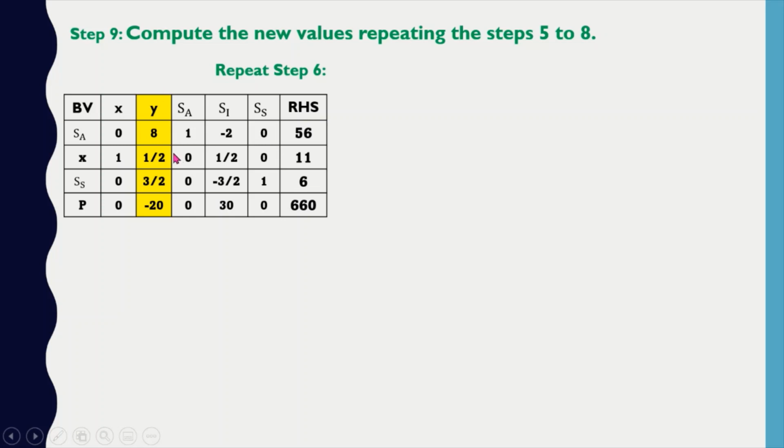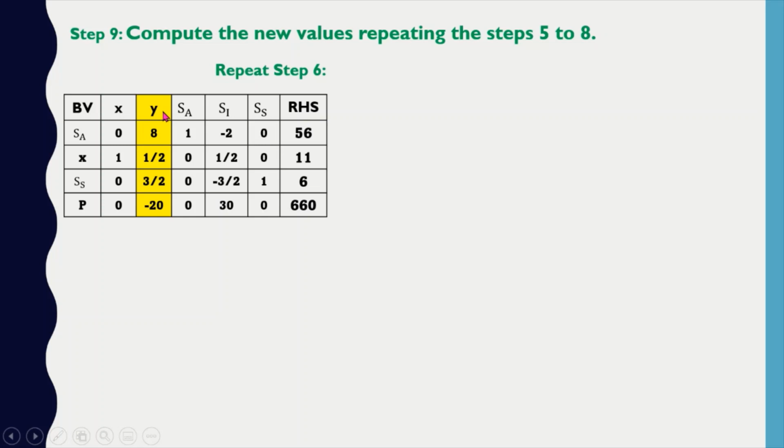In step 6, we're going to repeat finding our pivot column. Since column y right here is already 0 and we don't have any negative value right here, which is only 20, we cannot consider our slack variables, slack variable for assembly, inspection, and storage space, because they're not really the main basic variables.